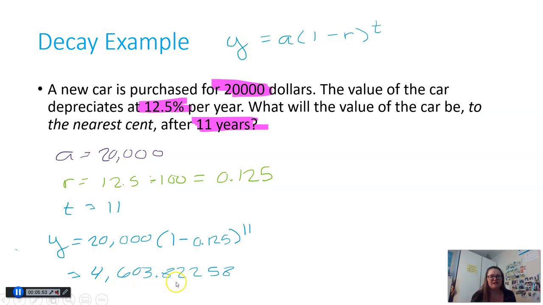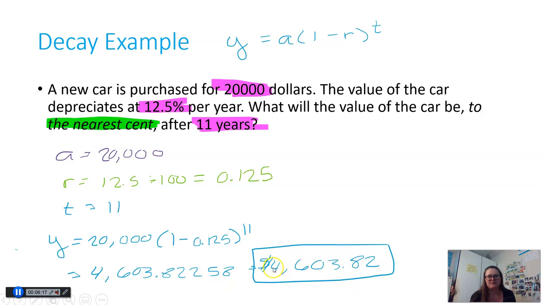$4,603 and then I got like 82258, and it just keeps going. Again, we have to round, this time to the nearest cent. They mean dollars. Guys, when you talk about money, you have 2 decimals, right? So we're just going to stop after the first 2. Since the number right after it is a 2, which is smaller than 5, it's 4,603.82.